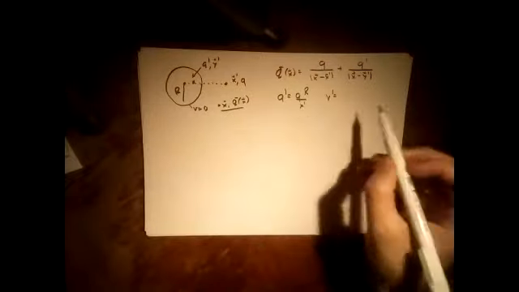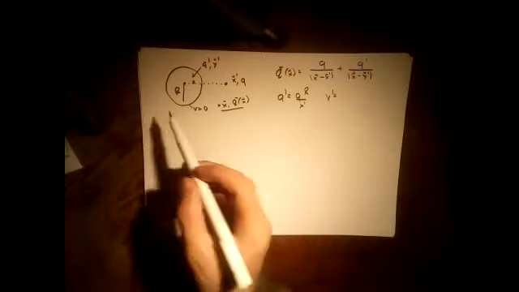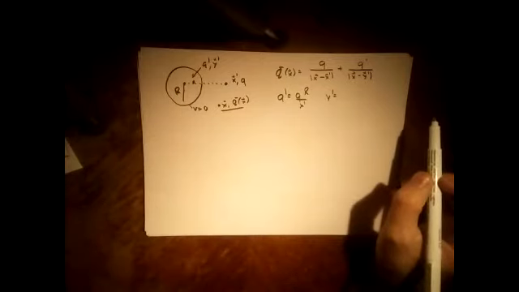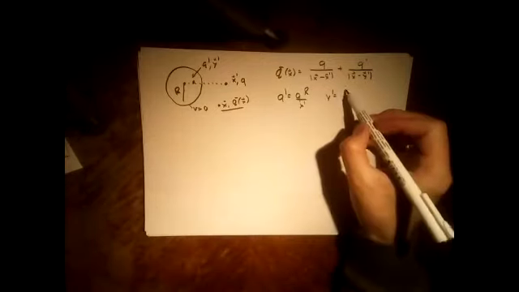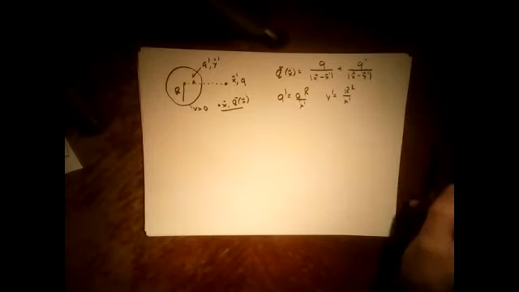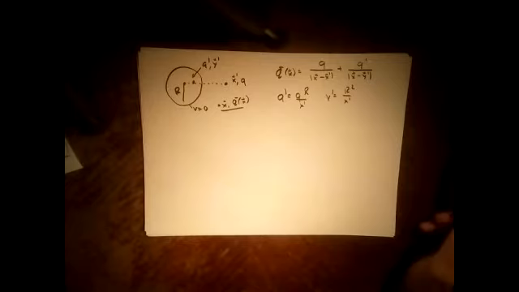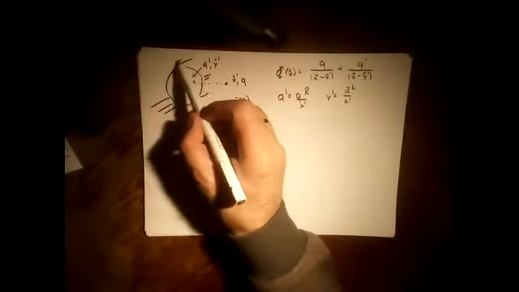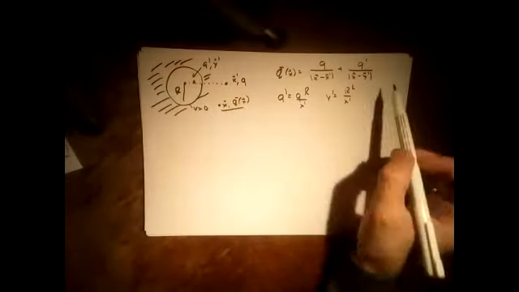I'm going to specify its magnitude, because its direction is already given, since it lies on the ray between the origin and x prime, and that magnitude is r squared over x prime. So this determines the potential in the outside region.